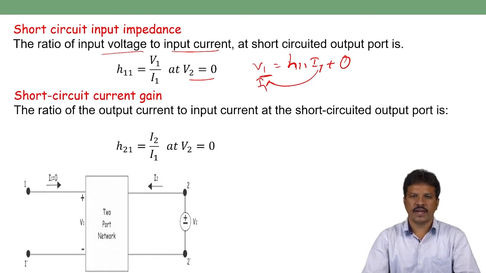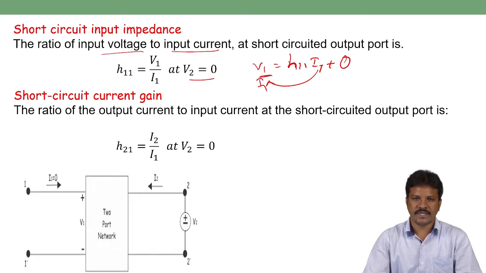In the numerator and denominator we have 1 and 1, which means port 1. So the ratio of V1 by I1 is the input port voltage divided by the input port current. The ratio of V by I is the basic meaning of impedance or resistance; in complex form, it is impedance. So it is the input impedance, because both voltage and current belong to the input port.